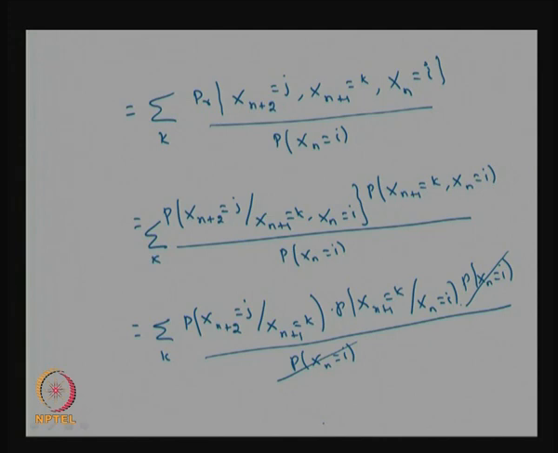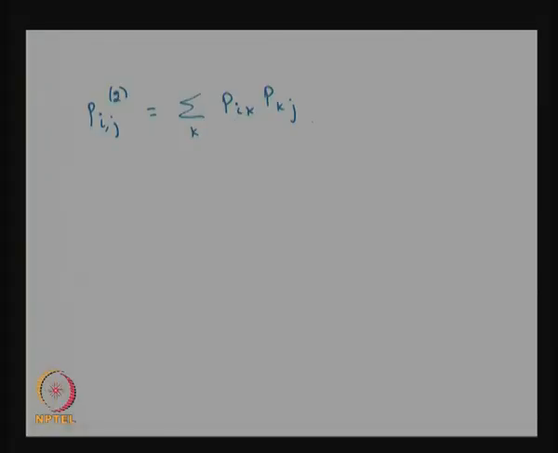So, the first term is the one-step transition probability of the system moving from k to j, and the second term is the one-step transition probability of the system moving from i to k.